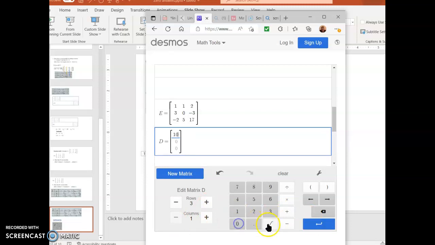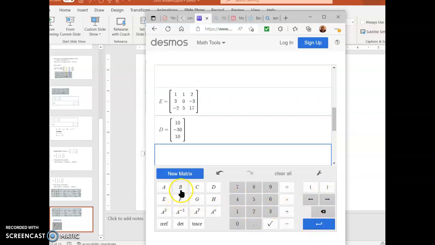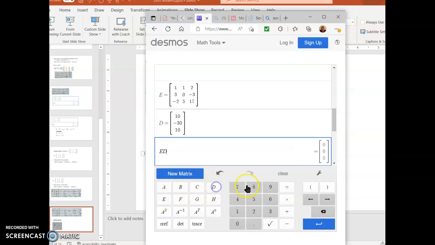So, what was it? 10 and negative 30 and 10. Then, let's see. E, D. Yep, there we go. A zero matrix from non-zero multiplication, indicating E does not have an inverse.